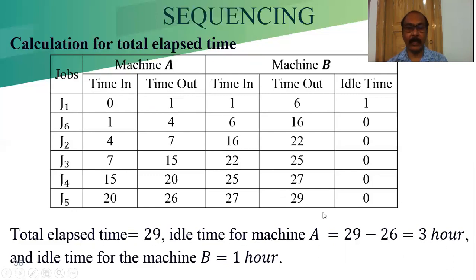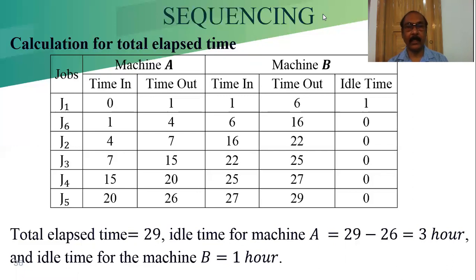Idle time for machine A, as I already said, is 29 minus 26, which is 3 hours, and machine B is idle for 1 hour. This is the complete solution of this problem, for n jobs passing through 2 machines.